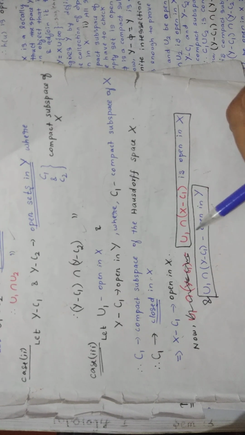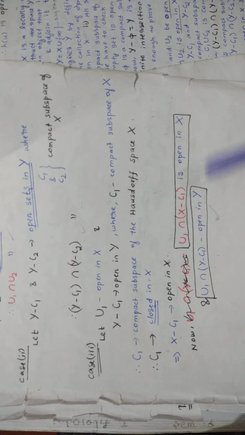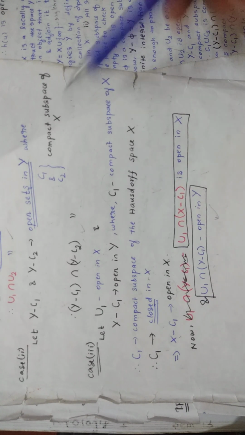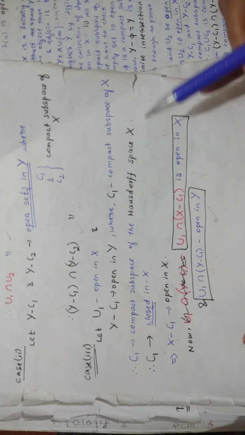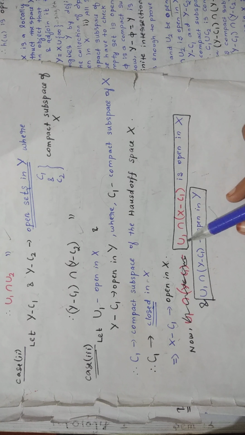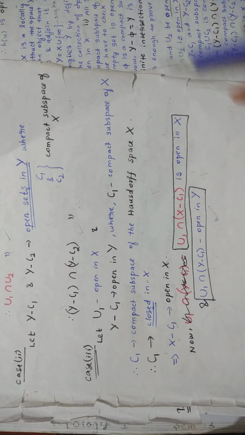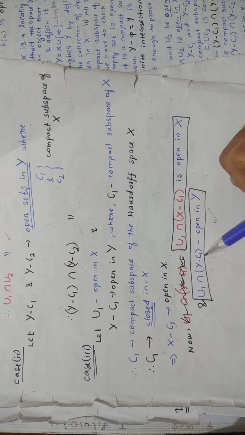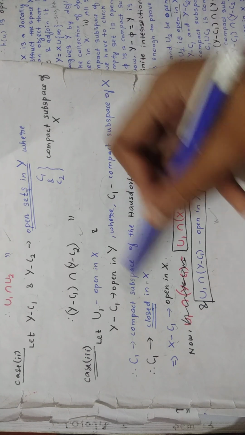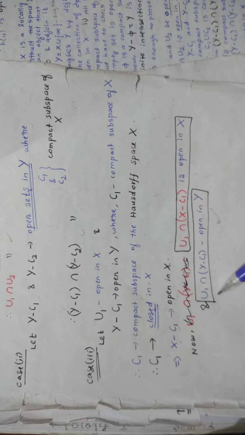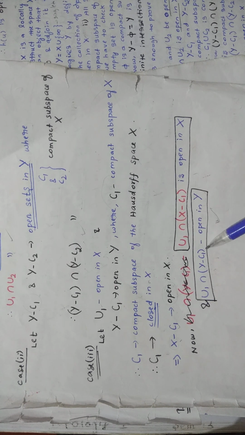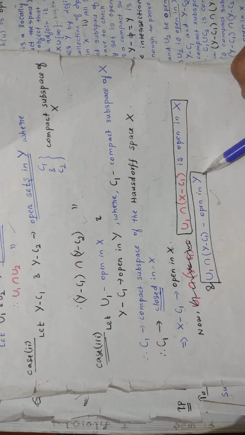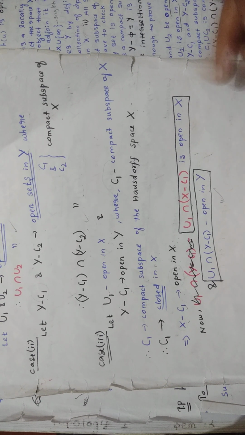Okay. Now we are finding the intersection of this and this. That will be open in X because this is open in X. So the intersection will also be open in X. Look at this: this is open in X, this is also open in X. So when you find the intersection, that will also be open in X. Similarly, when you find the intersection of U1 and Y minus C1, that will be open in Y. Okay, this is open in X and this will be open in Y. So that is how case 3 is coming to an end.